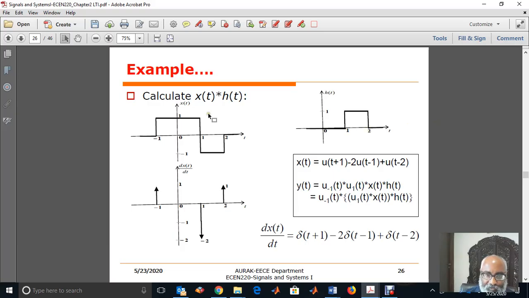Let's say I have x of t and h of t, and I want to compute the output y of t, which is x of t convolved with h of t.